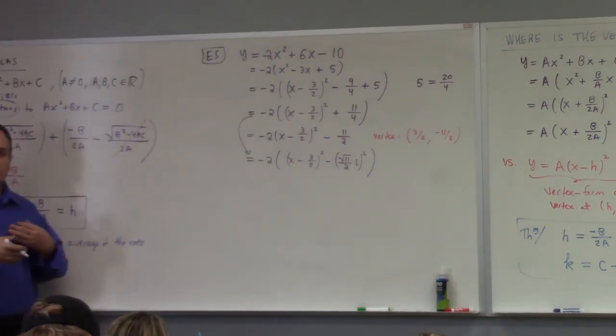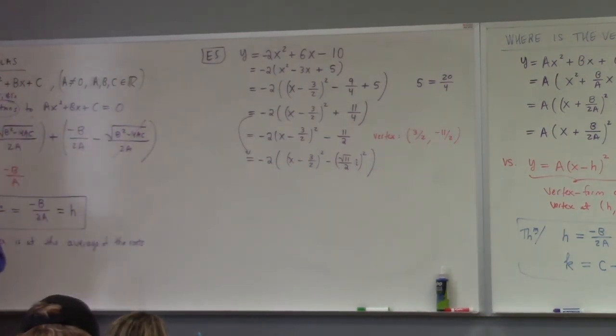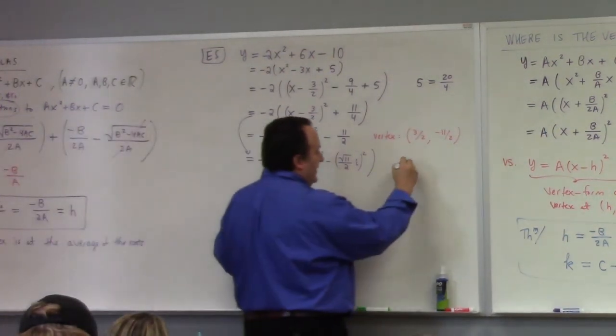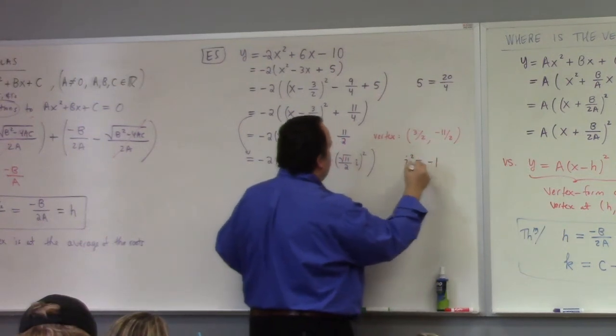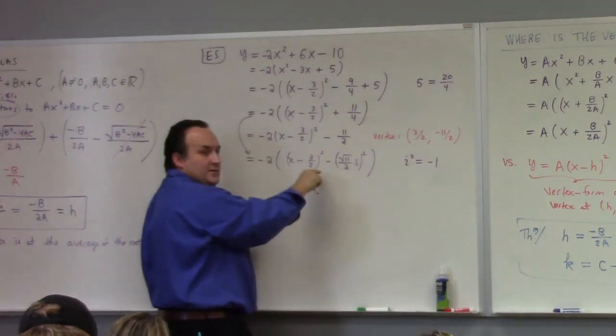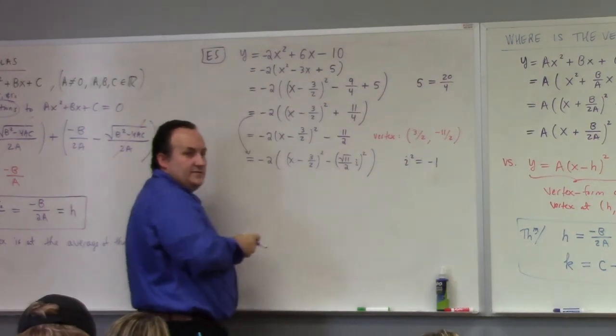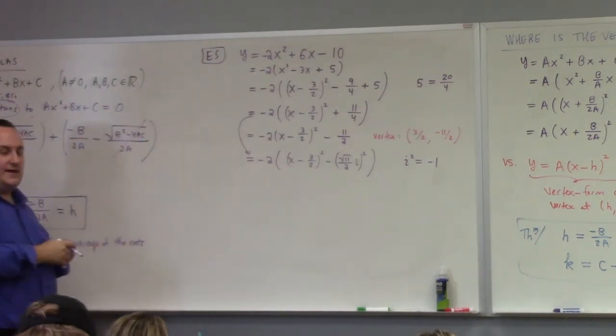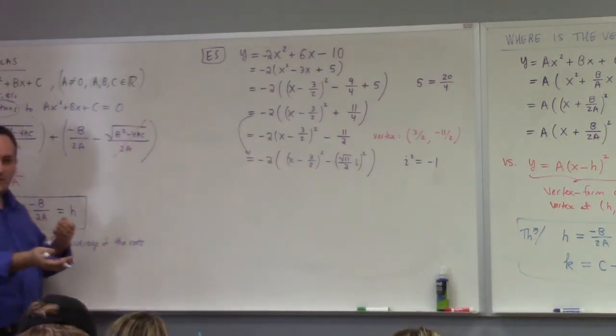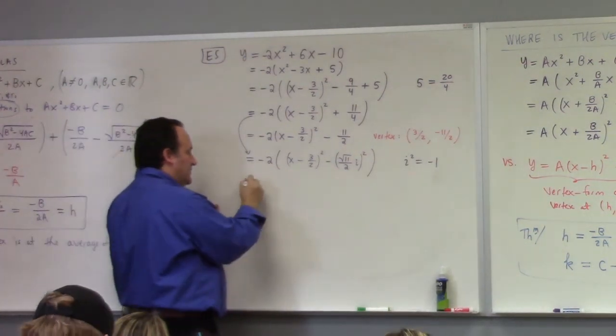See, if you take the square root of 11 over 2 and you square it, you get back 11/4, right? If you square i squared is minus 1. So this is a sneaky way of writing a positive term as a negative term squared. All right? And if I do that, then I can use difference of squares with complex numbers.